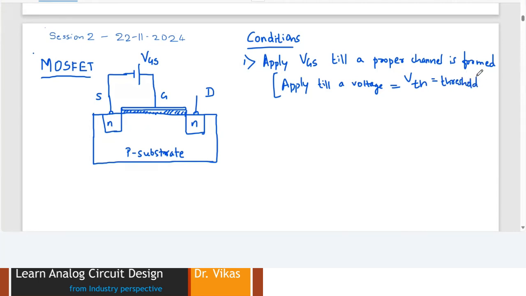So basically, if I give you a simple analogy, let's say that we are going to build a bridge here, from point A to point B. And once the bridge is completely built, then only can people move from one end to the other. But the bridge can be said to be completely built only when I see that there is a complete construction from point A to B. That's when I say the bridge has been built.